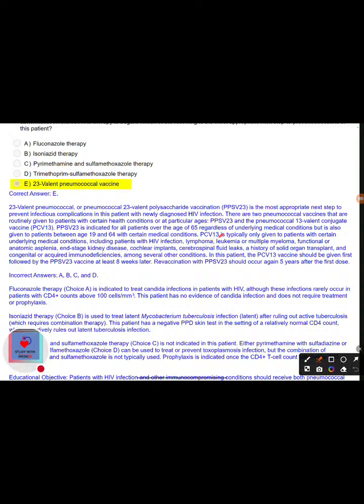First PCV13, because PCV13 is given to patients with medical complications like lymphoma, leukemia, organ transplant, cochlear implant. In such patients PCV13 is given first, followed by PPSV23 after 8 weeks. Revaccination with PPSV23 should occur again after 5 years.